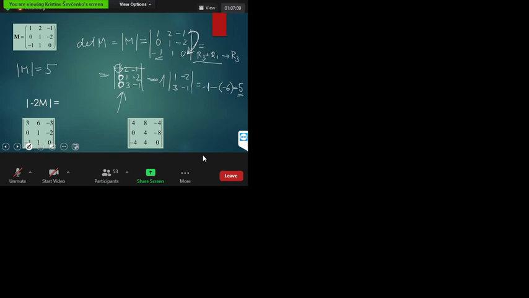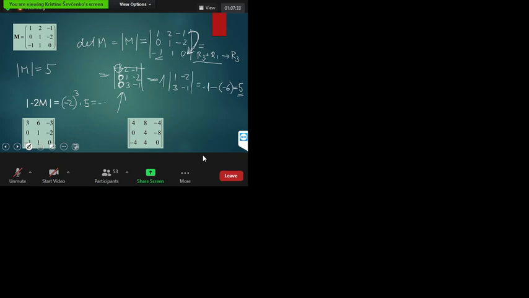The determinant then is multiplied by minus 2 times minus 2 times minus 2, because there are 3 rows that make us take the common factor outside. Times, of course, the determinant of this matrix, 5.